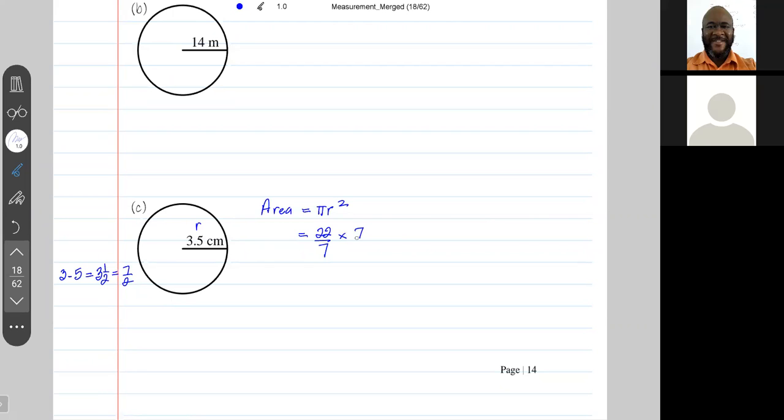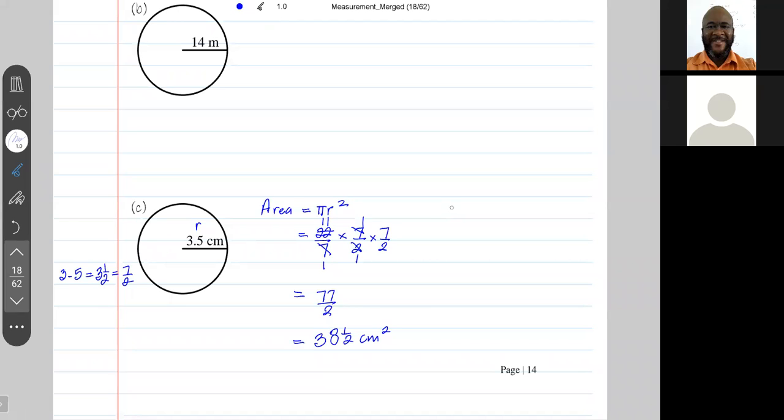So it's 22/7 times 7/2 times 7/2. All right, 7 cancels 7. 2 into 22 goes 11 times. So the answer here is what? 77/2. The final answer is 38.5 centimeters squared.